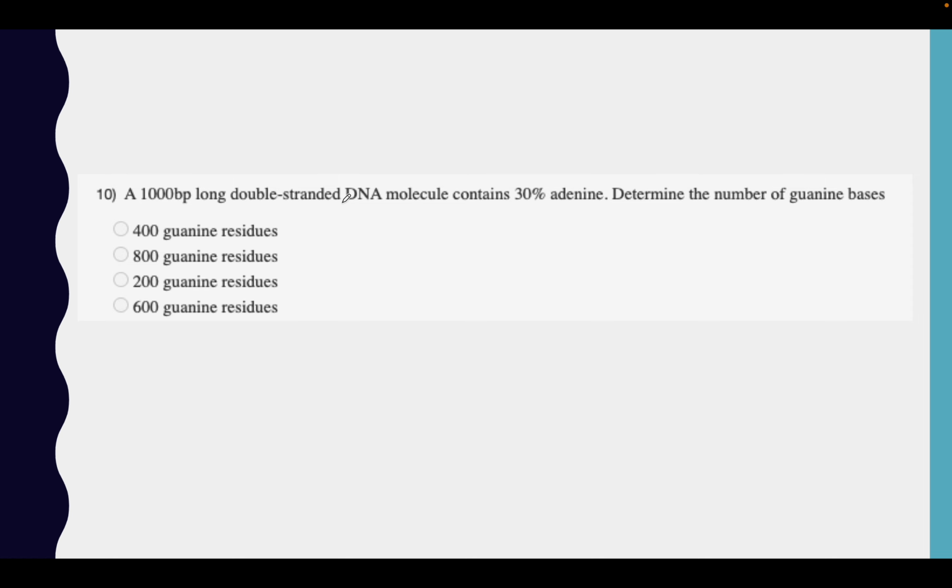So 30% of 1000 will be 300. So 300 will be your adenine, A. So T will also be 300, right? So leftover from 300 and 300, a total of 600, will be AT.